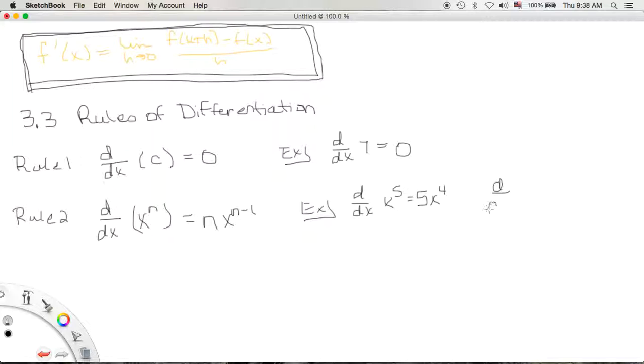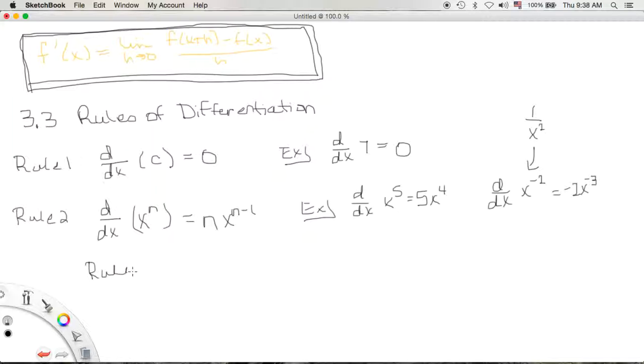Now you have to be careful. If we want to take the derivative of x to the negative 2nd, that would be negative 2x to the negative 3rd, because we're subtracting 1 there. So make sure you pay attention to that. This is really useful when you have functions that have the term in the bottom there, and we remember our negative exponent rules, so make sure you've got those.